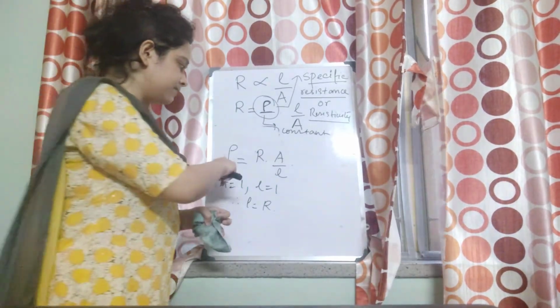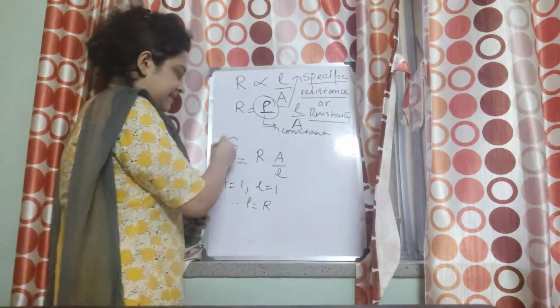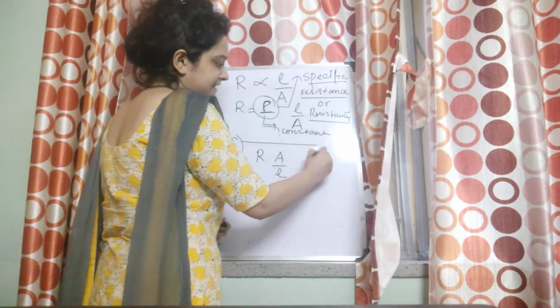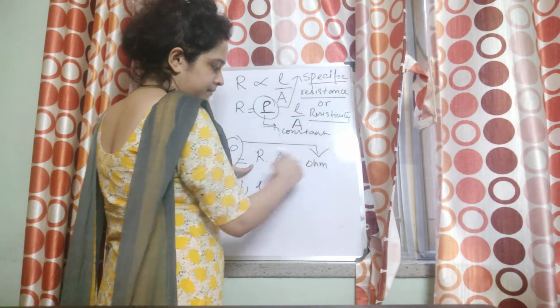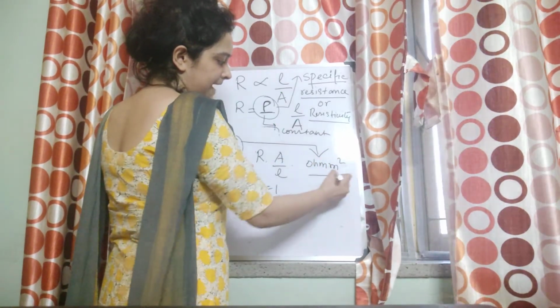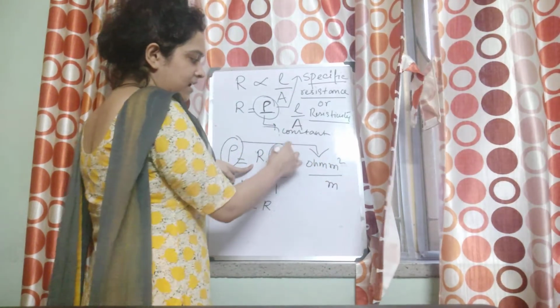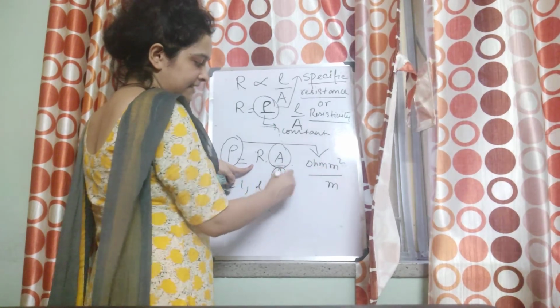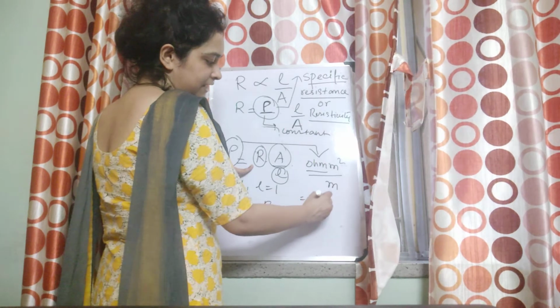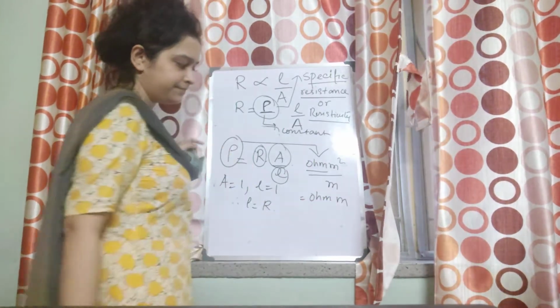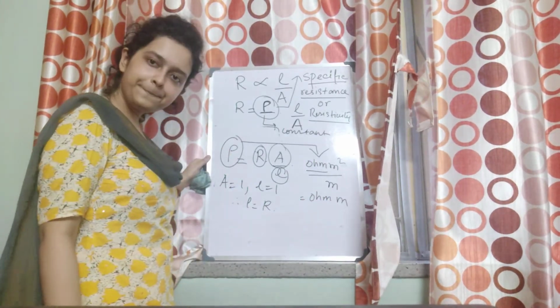What can be the unit of specific resistance? SI unit, ohm, meter square by meter: area, SI unit meter square; length, SI unit meter; resistance, ohm. So ultimately you get ohm meter. Okay?